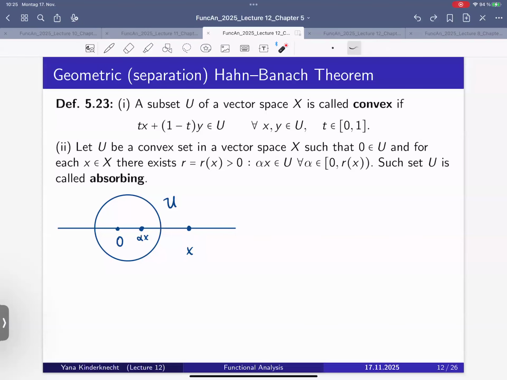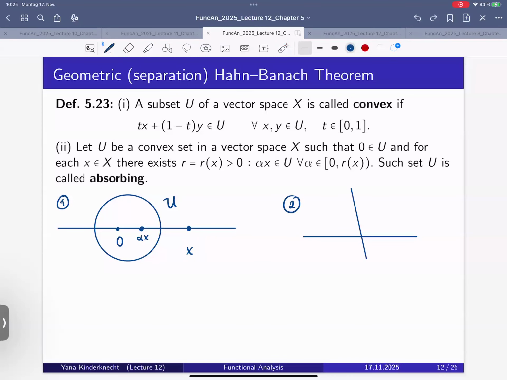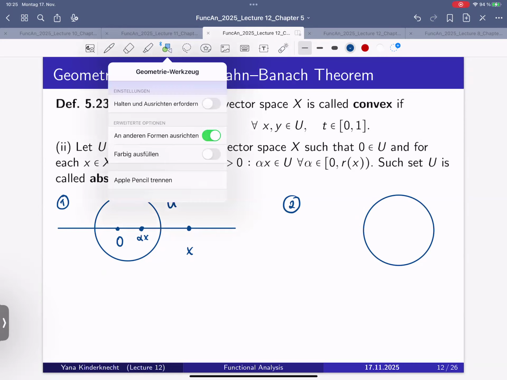So everything happens in R^d, let's say. But of course there are some other versions. For example, if we have such a picture, so probably I start with the circle first. Yeah, and then such a picture.